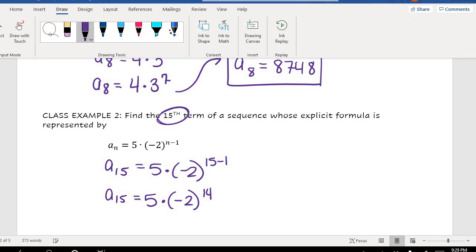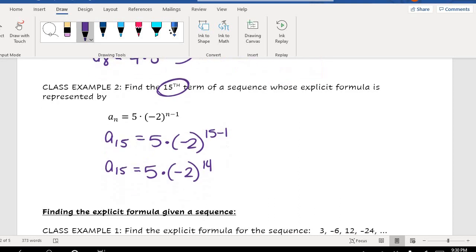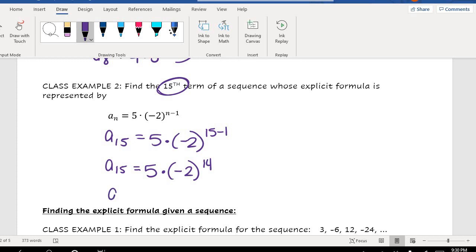Now all of this is going to go into your calculator. Be careful, the base here is -2, so you're going to want to put that in parentheses. I'm going to put in my calculator 5, and then in parentheses -2 to the 14th power. 81,920.